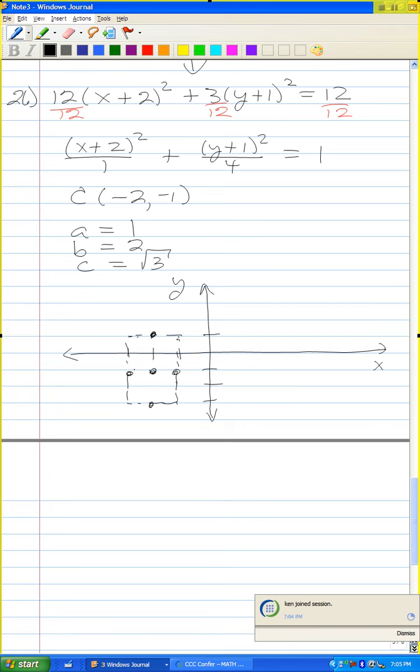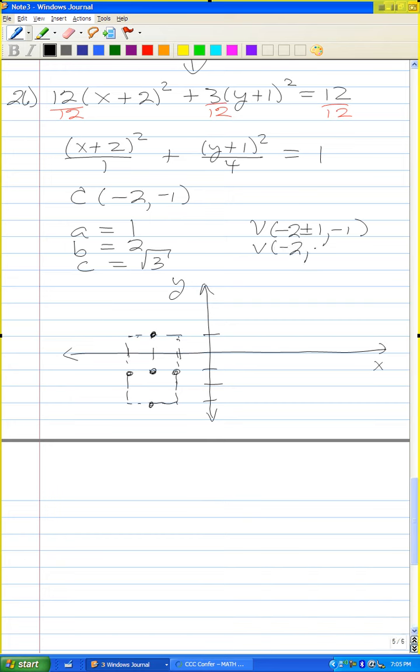The vertices are located at -2 plus or minus 1, -1, negative 2, negative 1, plus or minus 2. So you add and subtract your a to the x. You add and subtract the b to the y.